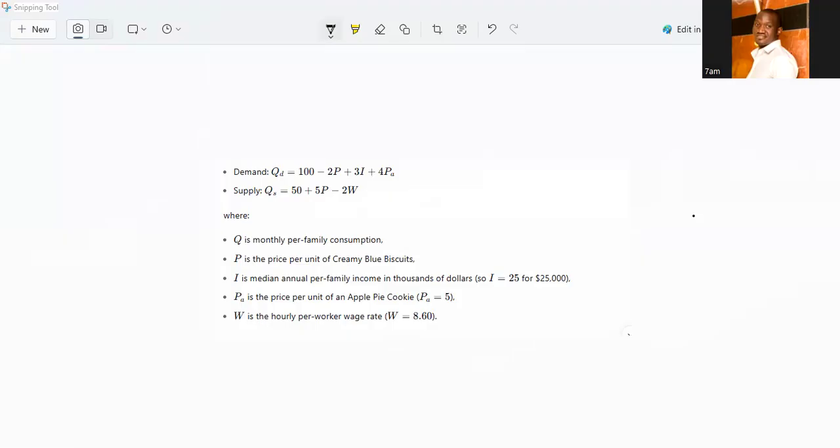If you look at the coefficient in the demand equation, it has a positive 4, indicating that as the price of apple pie cookie increases, the demand for the creamy biscuits also increases. So apple pie cookie is simply a substitute good for creamy biscuits.